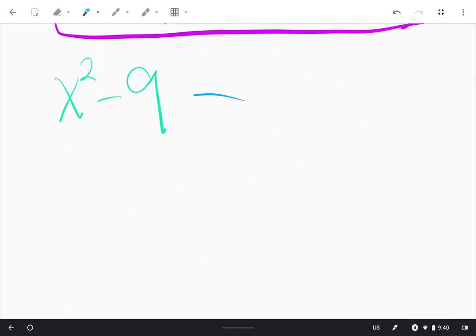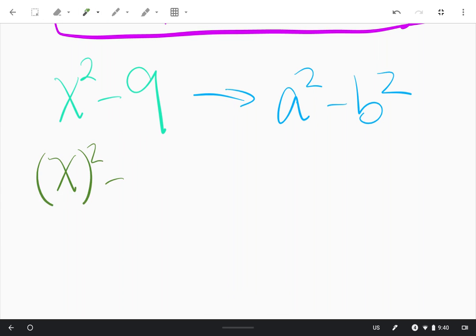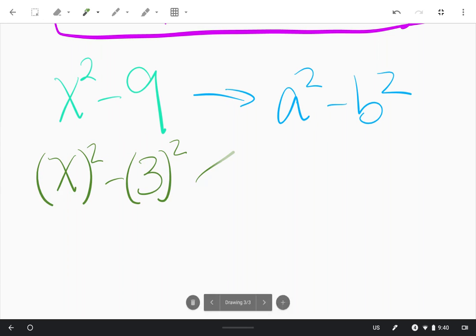So again, we're using the pattern for a squared minus b squared. And the reason we're doing that is because we have x squared minus, and then it's 3. 3 squared is 9. So these are the a and the b term that I'm using in my example.